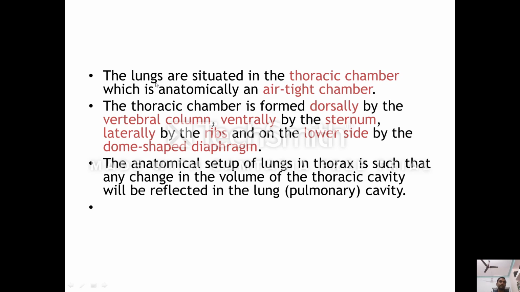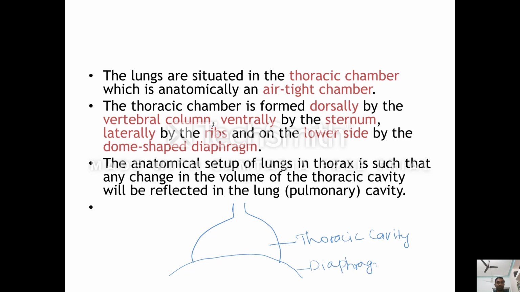Next, this is the cavity which we saw. This cavity is called the thoracic cavity, and below this thoracic cavity there is a muscular partition called the diaphragm.